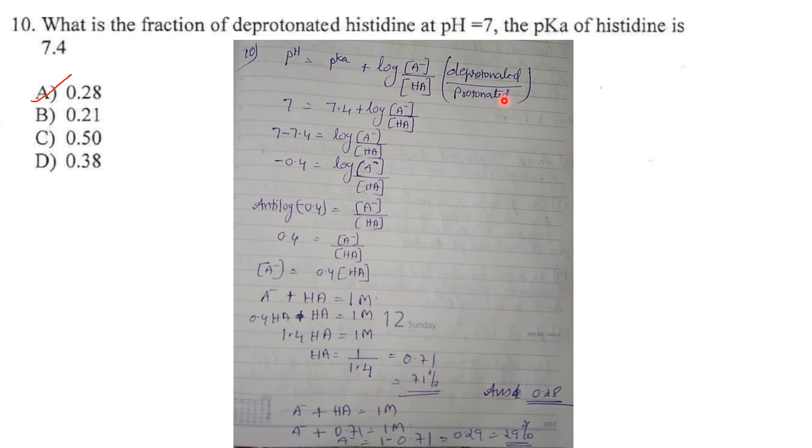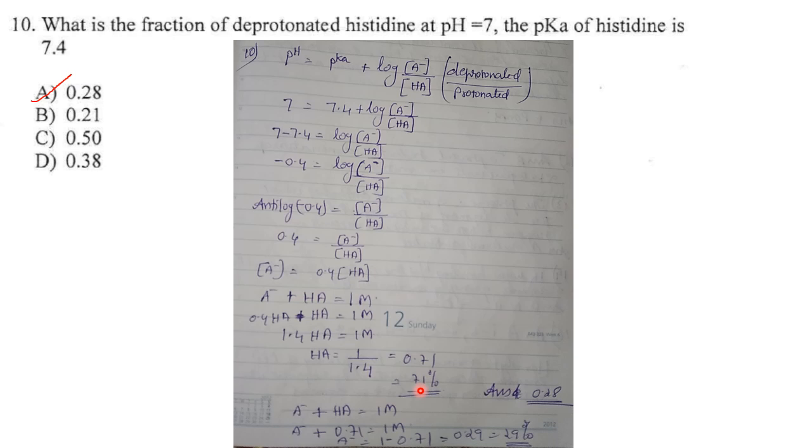Now substitute the values. You get 7 minus 7.4 is equal to log concentration of A minus by HA, that is minus 0.4 is equal to log A minus by HA. Antilog of minus 0.4 is 0.4, or A minus is equal to 0.4 HA. Now A minus plus HA concentration is equal to 1 molar. Substitute the values and you will get it as 71%.